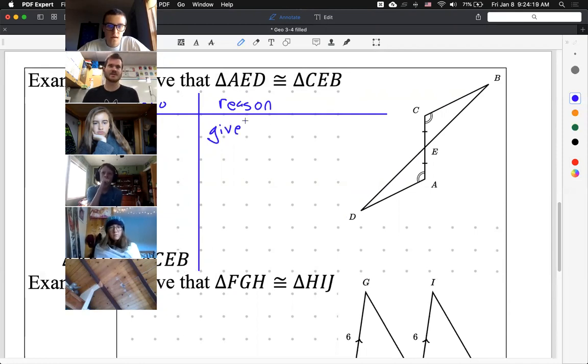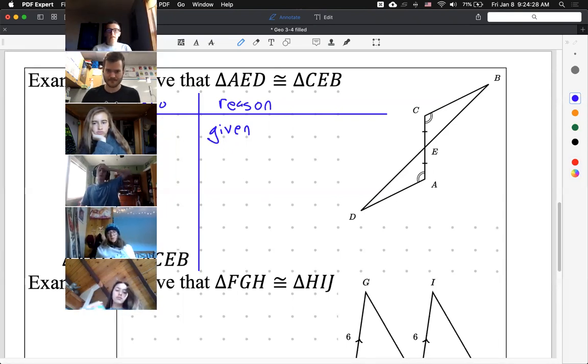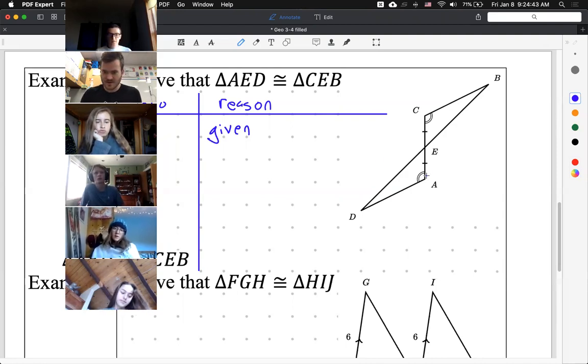Is there a quiet raised hand that can tell me what is one of the 2 things you're given? Kira? I think it's given that angle EAD and BCE, the angles are equivalent. I agree. Yeah, EAD, that angle is congruent. The symbol here is congruent.